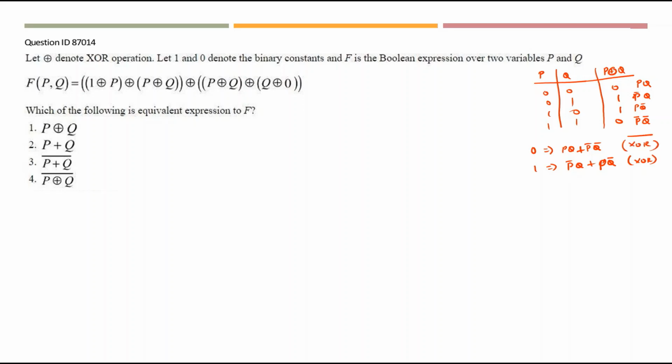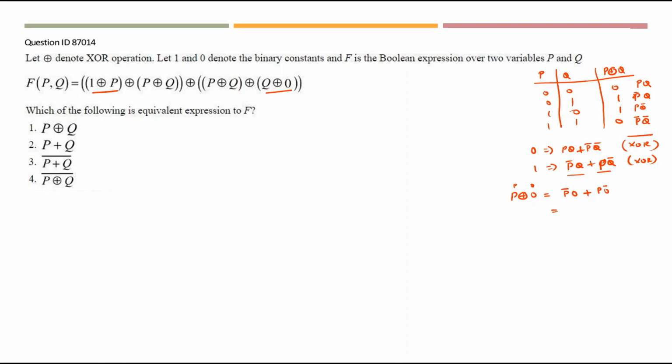Before getting into this question, we will find this. P XOR Q is fine. You have something called 1 XOR P and Q XOR 0. So what happens when I XOR something with 0 or 1? So let's take P XOR 0. To find the XOR I have to use this format. So here it is P for me and 0 will be Q. P' into 0 plus P into 0'.